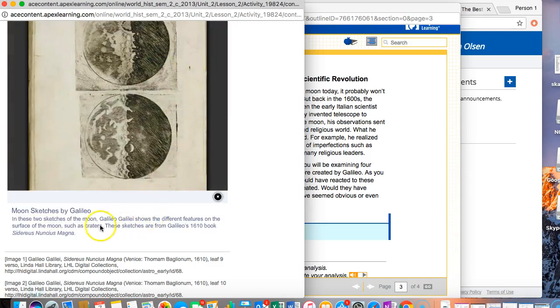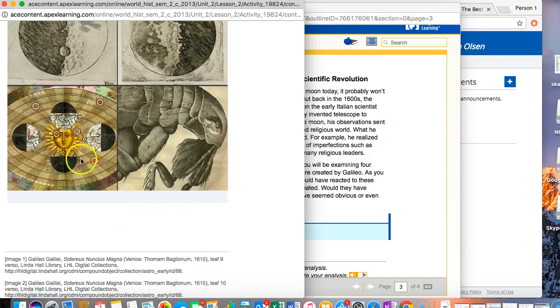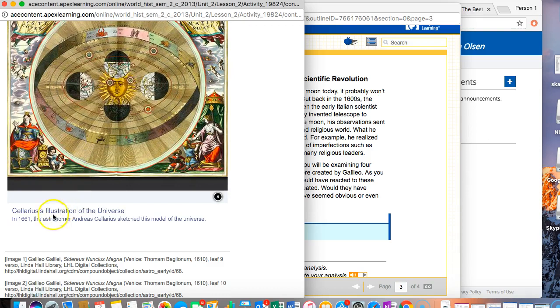The second picture is also a moon sketch by Galileo, and this says that he's showing the different features of the surface of the moon, like the craters, right? And the third image, this is Cellarius's illustration of the universe. In 1661, the astronomer Andreas Cellarius sketched this model of the universe. Okay?